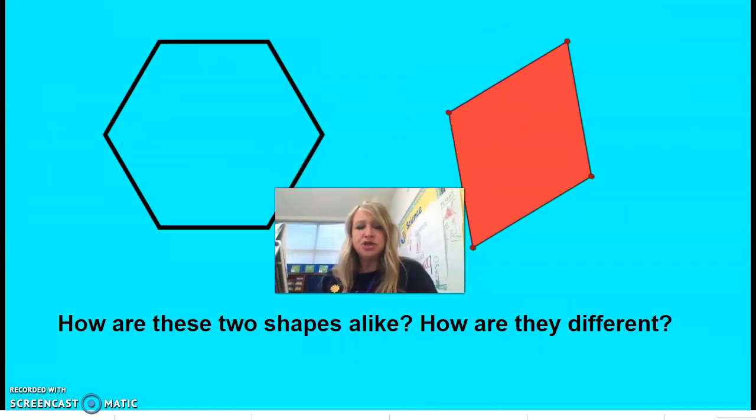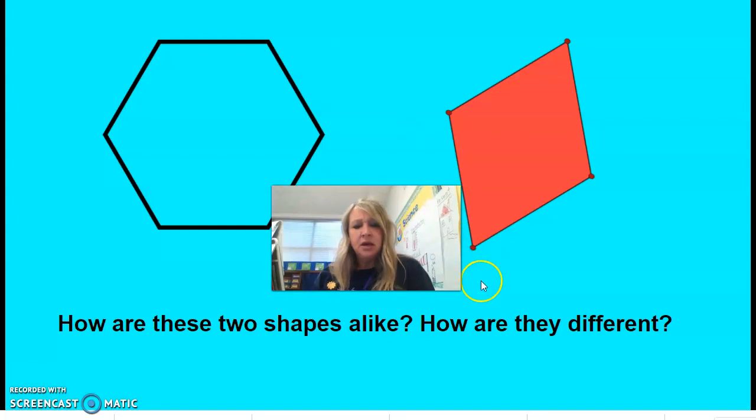What about these 2 shapes? Look at them. We have the hexagon and the rhombus. How are these 2 shapes alike? Think about it for a minute. These 2 shapes are alike because they have what?